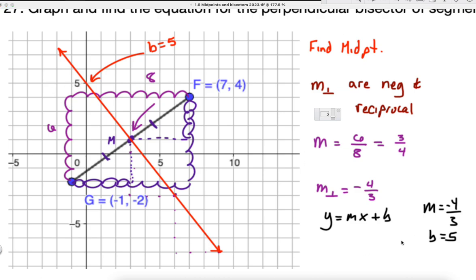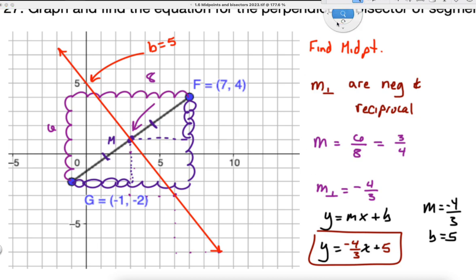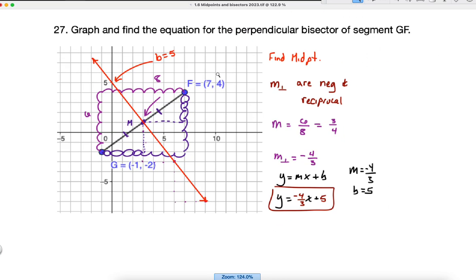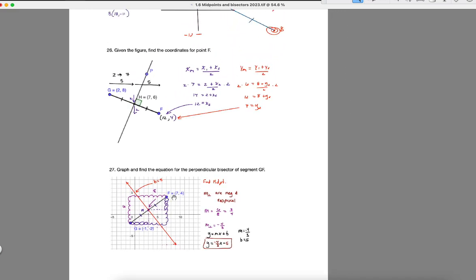So to put it all together, y equals -4/3 x plus 5 is our equation of the line. This is the equation of the perpendicular bisector of segment GF. Boom, we're done with that section.